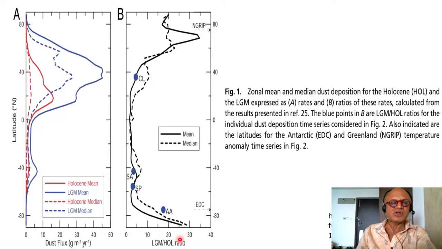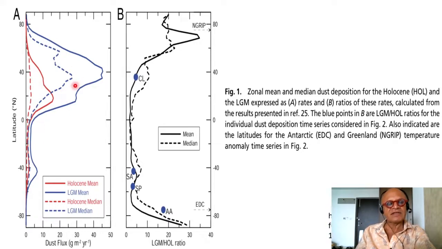So looking at one particular example then on these time scales, we are here looking at the dust flux going back to over 80,000 years. This is the latitude, and we are looking at concentration distribution in a meridional sense in the Holocene mean. This is the Holocene median, where we have more data, of course, now.